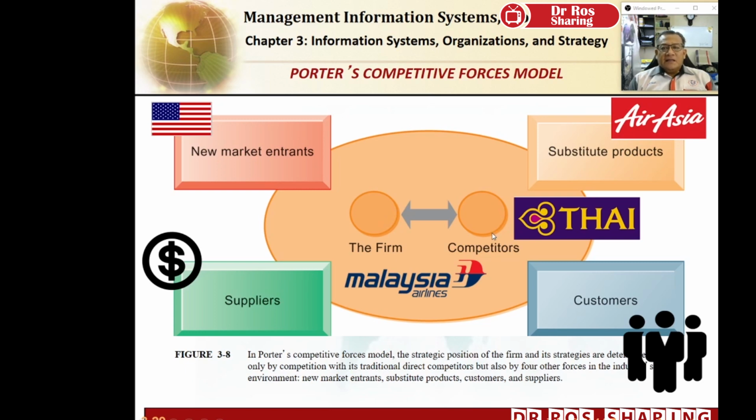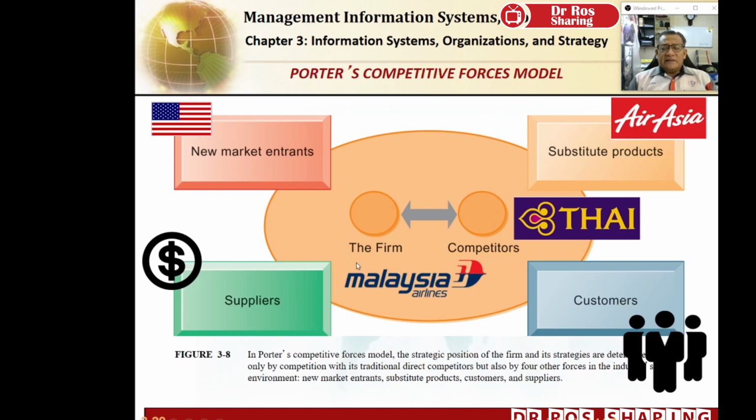Okay, let's discuss Porter's competitive forces model in the perspective of the airline industry. So the firm is here, I'm highlighting Malaysia Airlines. This is the firm, or the company. Of course, Malaysia Airlines competes directly or indirectly with Thai Airways or Singapore Airlines. Those are their direct competitors, right?